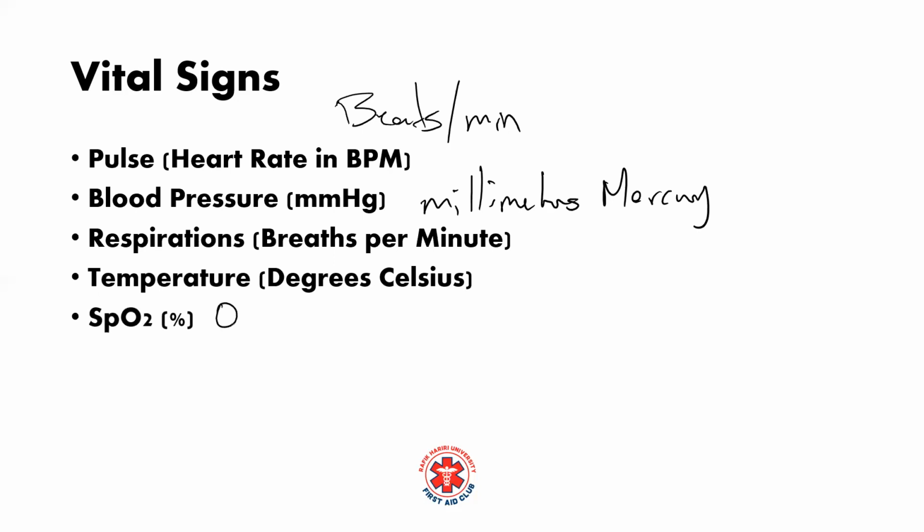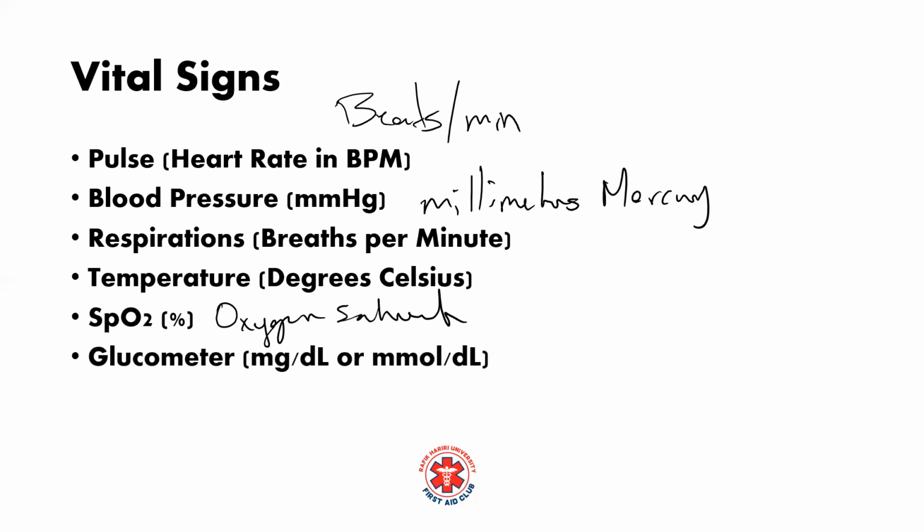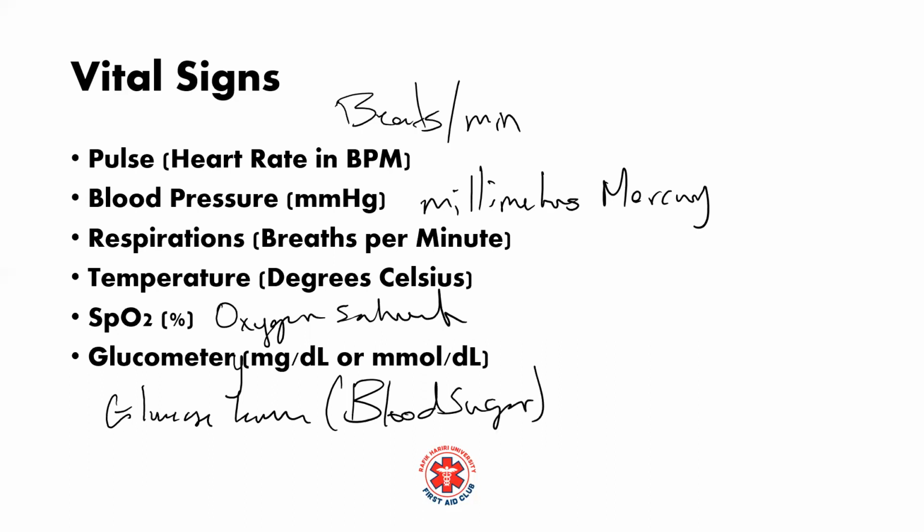Oxygen saturation, in percent. Glucometry: blood glucose levels, which is the blood sugar, in milligrams per deciliter or millimoles per liter, depending on the device and the settings.